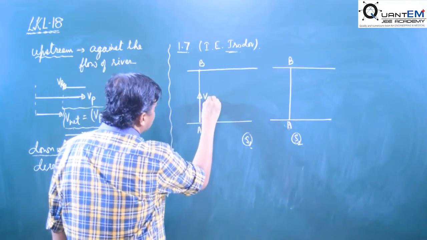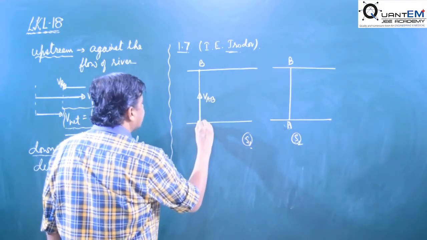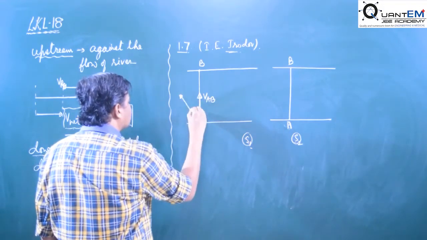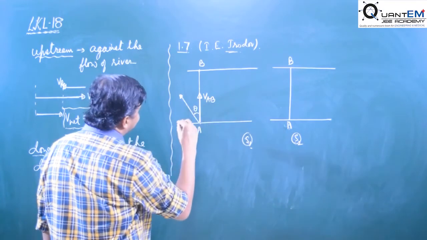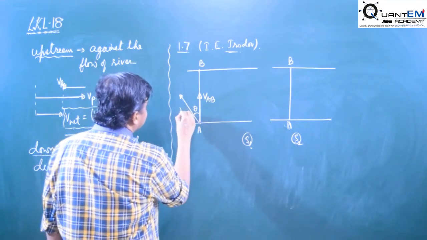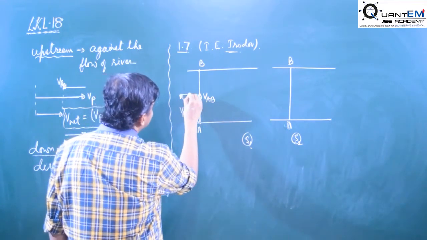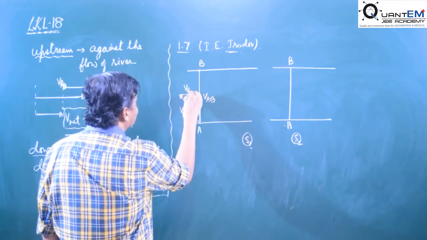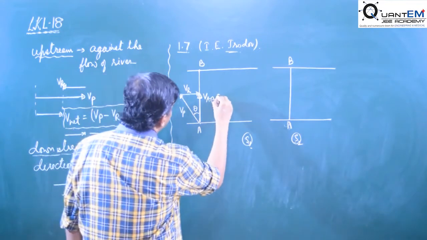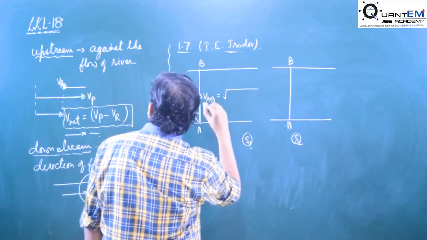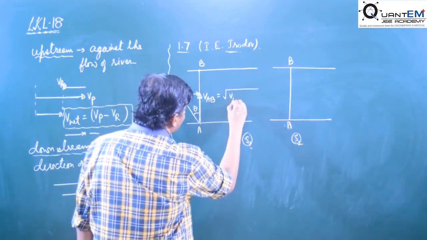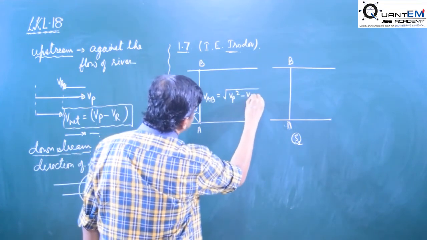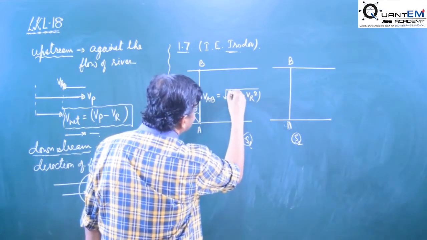Along the line AB means the first swimmer has to move against the flow in such a way that the resultant velocity is directed along the AB line. It is the velocity of river. So what we have, VAB is equal to, case 2, VP square minus VR square under root. We have discussed both the cases.